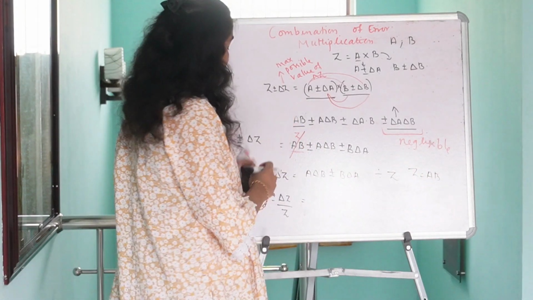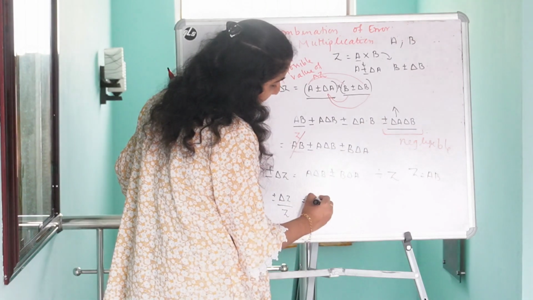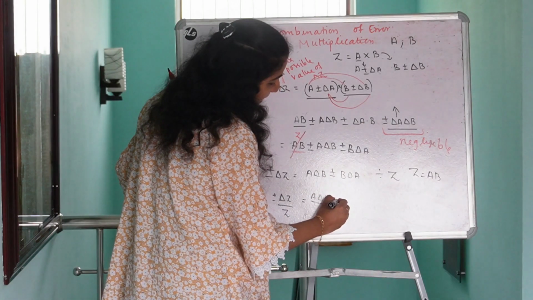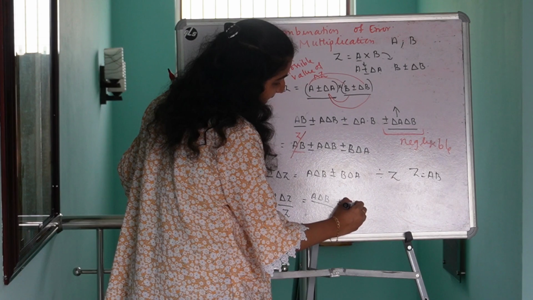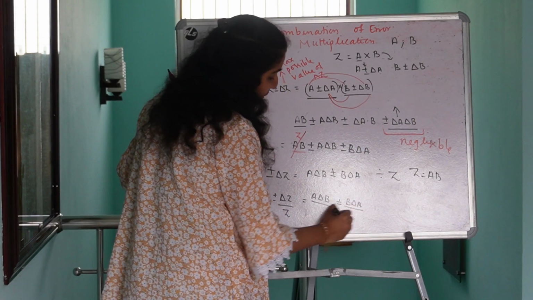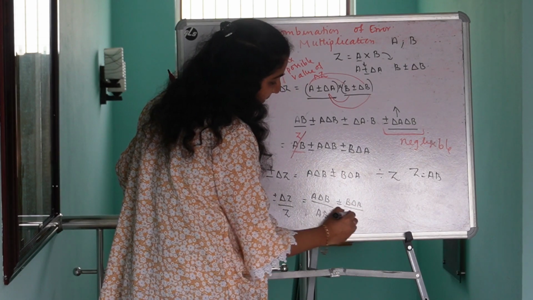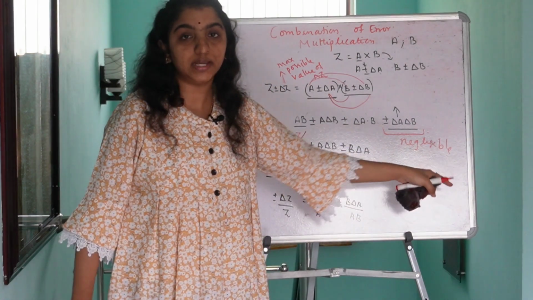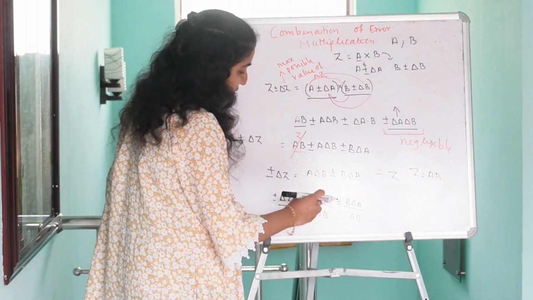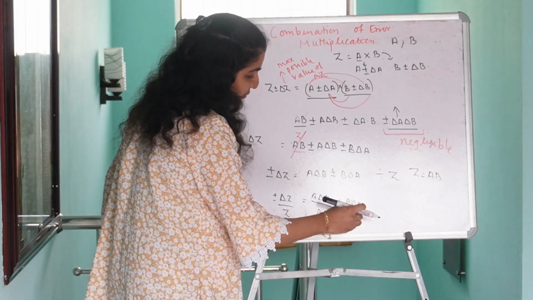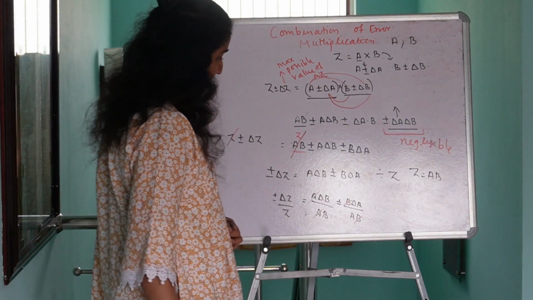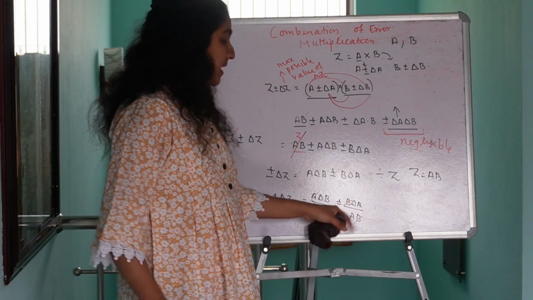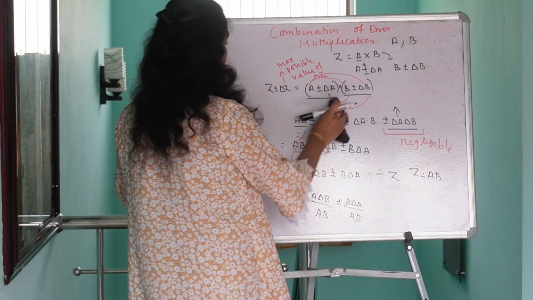Instead of dividing A del B and B del A by Z, I am going to divide them by AB. So these two A will get cancelled and these two B will get cancelled.